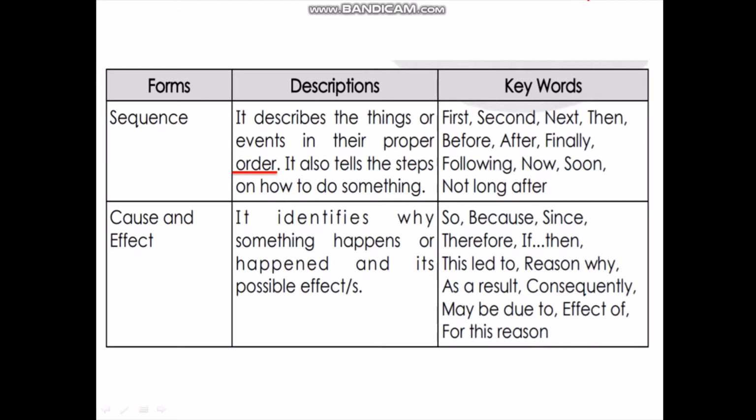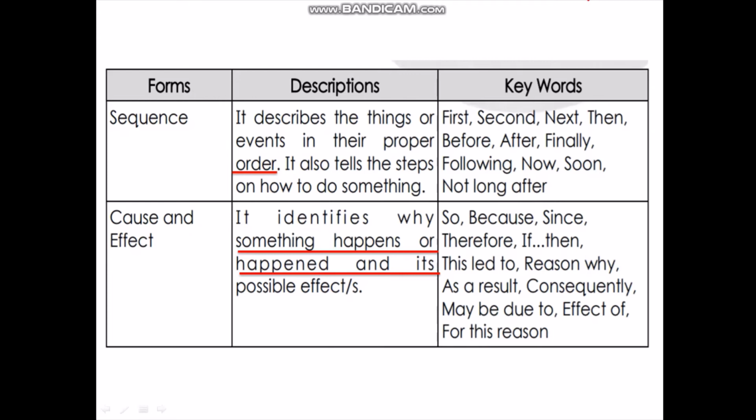Next one, cause and effect. It identifies why something happens or happened and its possible effects. Example, I have a toothache because I ate too many chocolates. That one is an example of cause and effect because it tells why something happened and it tells the possible effects.